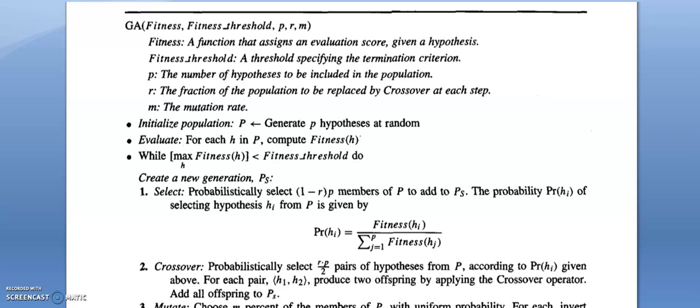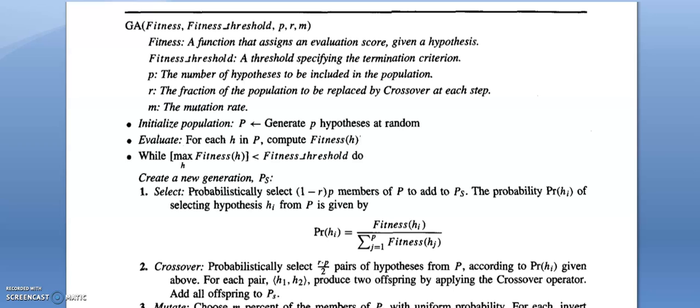We have already discussed in the previous lecture that we will replace some portion of the population by applying the operators crossover and mutation, while some of the individuals will be taken forward in the new population as they are, so as to retain the best solutions we have found till now.